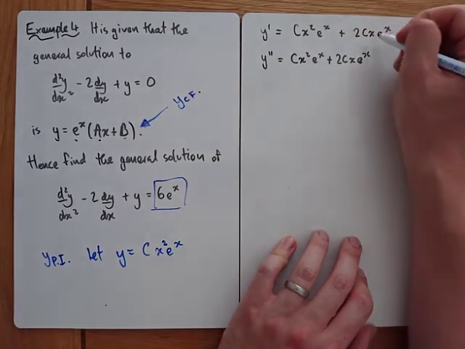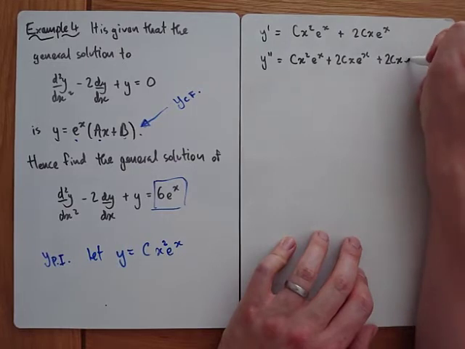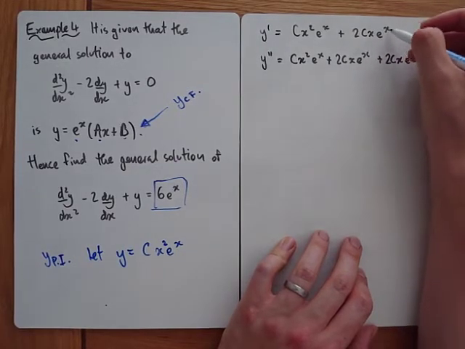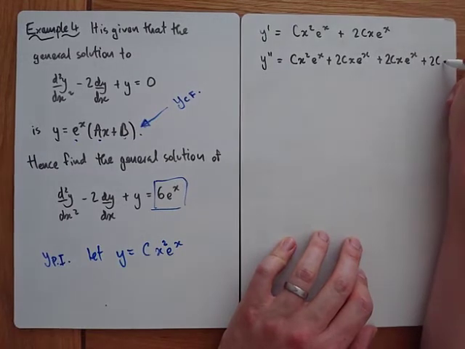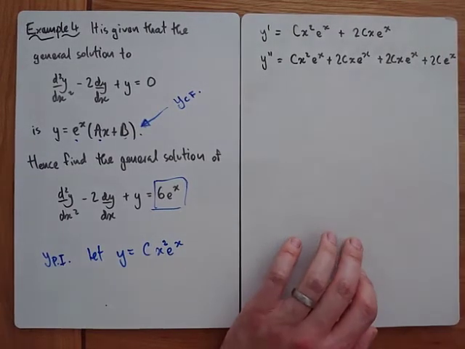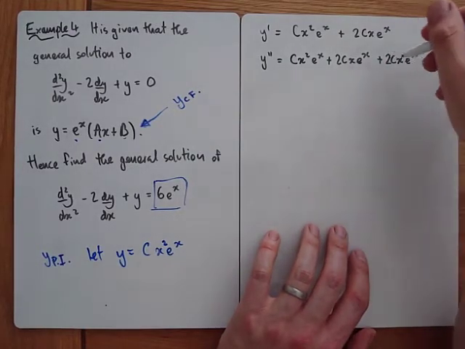We've got those two terms, and now we'll do the product rule with this, so that'll become plus 2c x e to the x just by differentiating that one. Now if we differentiate this one, that'll become plus 2c e to the x. Okay, let's substitute in. Could we tidy this up first? There'll be 4 of those.